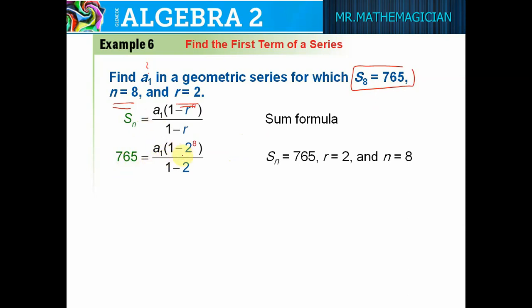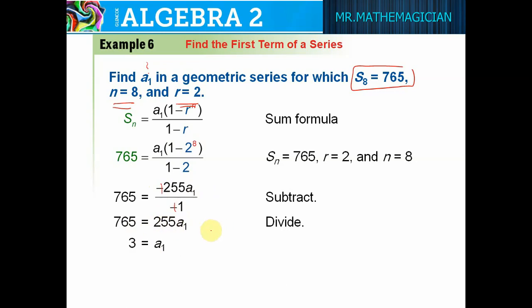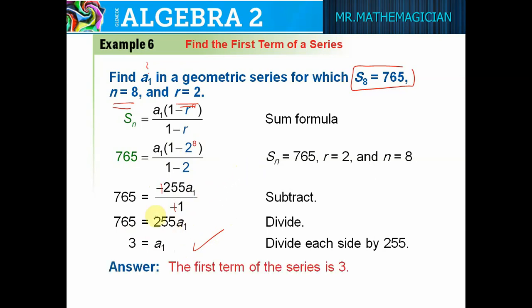A1 is unknown, times 1 minus 2 to the power of 8 over 1 minus 2. 1 minus 2 to the power of 8 will give you negative 255, divided by 1 minus 2, which is negative 1. So the negative will be cancelled with the negative, divided by 255 for both. This will give you A1 as 3, like solving an equation for one variable. So the first term of the series is 3.